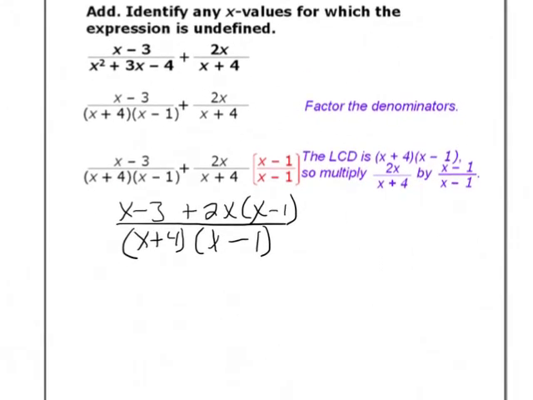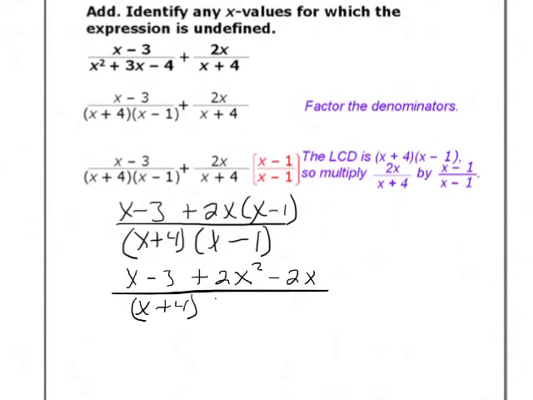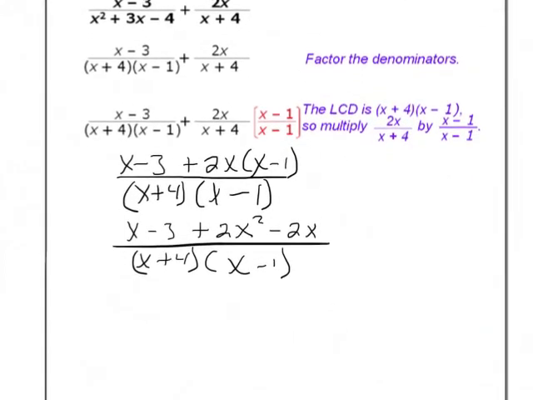Now, I'm going to distribute the 2 in there, so that gives me x minus 3 plus 2x to the second minus 2x all over x plus 4, x minus 1.